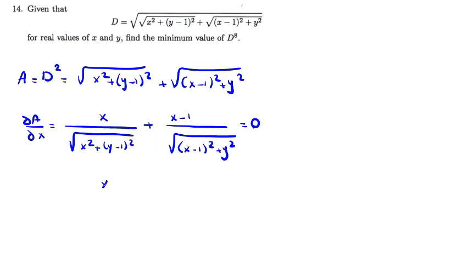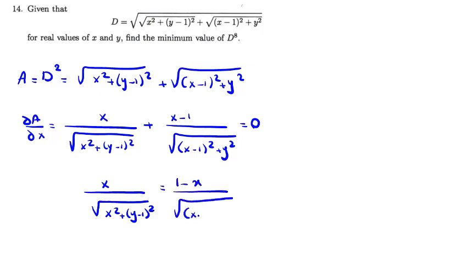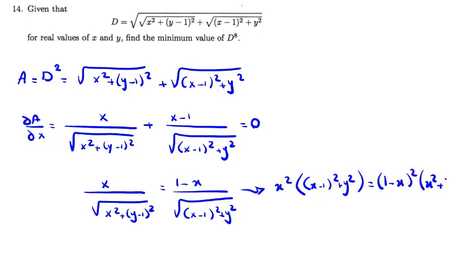And then we say, okay, x over x squared plus y minus 1 squared equals 1 minus x over x minus 1 squared plus y squared. If we raise both sides to the power of 2, then we have x. You should at the end pay attention to the sign of both sides. And okay, x squared times x minus 1 squared plus y squared equals 1 minus x squared times x squared plus y minus 1 squared.